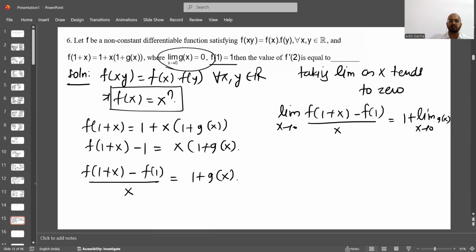So this is nothing but f dash of 1, and the limit of g is given to be 0. So I get f dash of 1 is equal to 1.